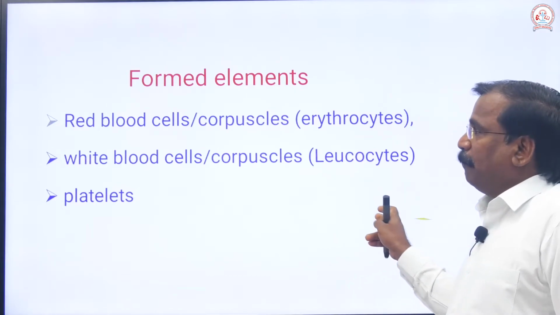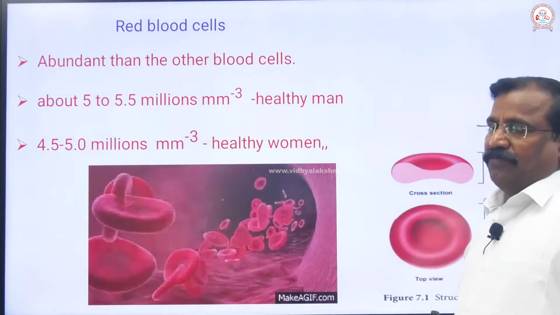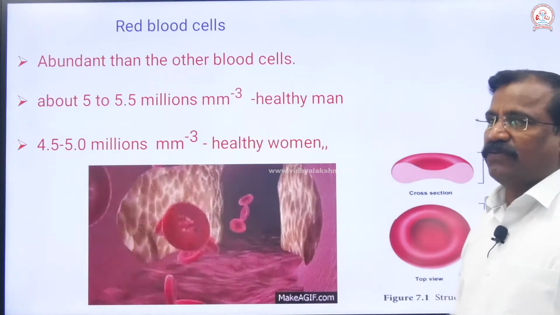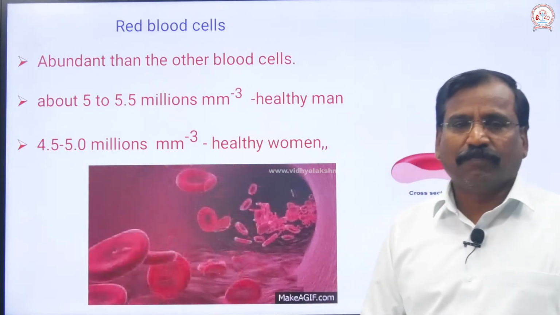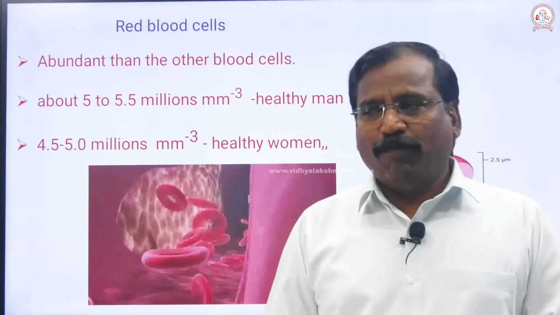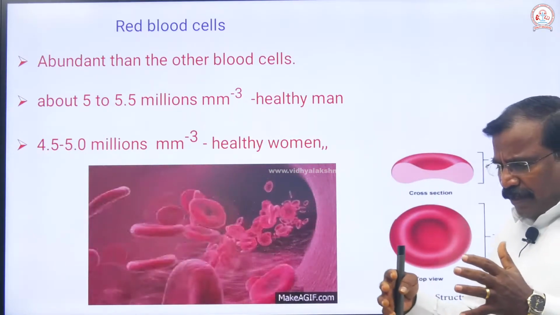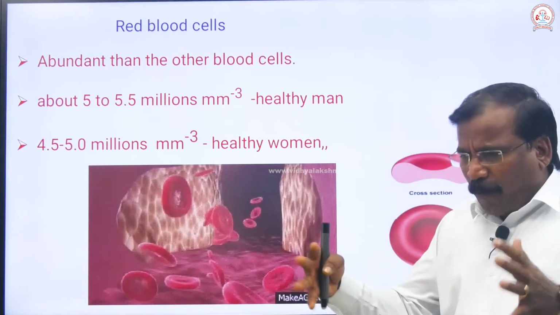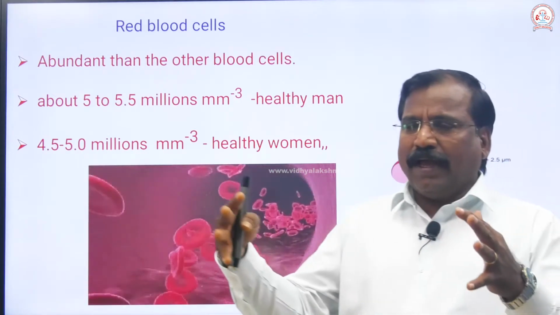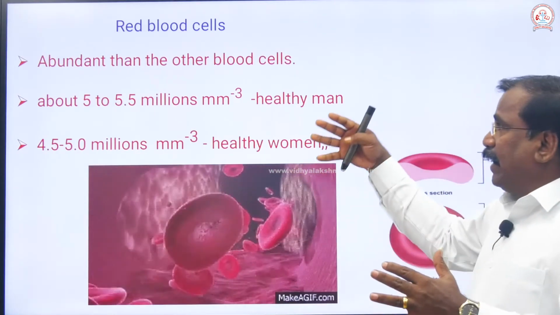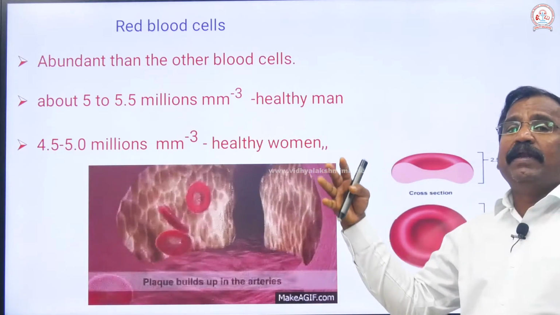The first is the RBC, red blood corpuscles or the erythrocytes. When compared to the other formed elements, that is the WBC and platelets, the number is abundant.